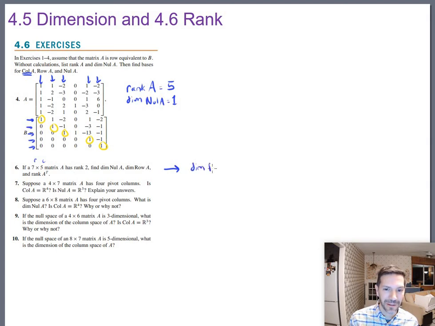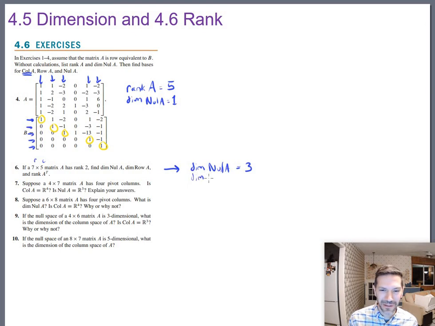So dimension of the null space, we know the dimension of the null space plus the rank has to equal the number of columns. So dimension of the null space is 3. Dimension of the row space is the same as the dimension of the column space, is the same as the rank, is 2.